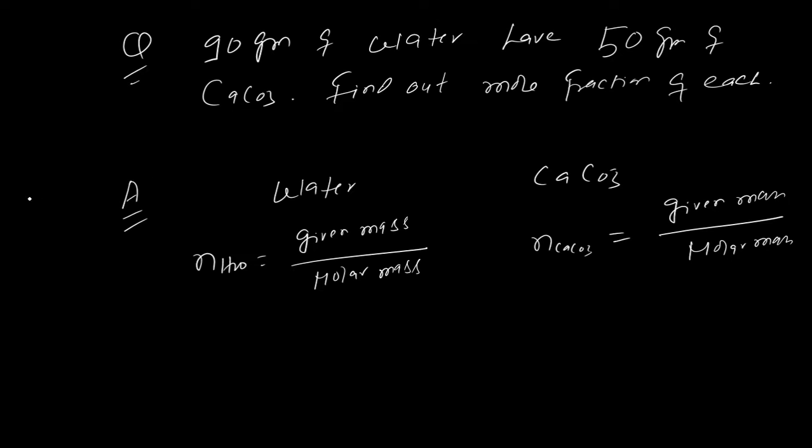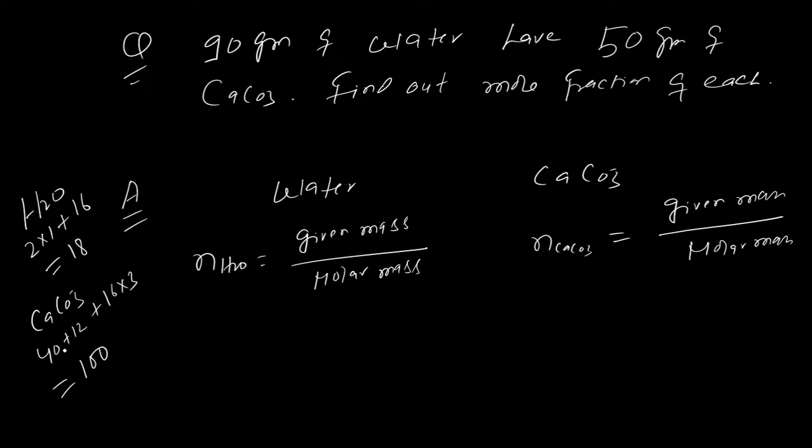For that, first you have to find out the molar mass of H2O. Hydrogen has atomic mass 1 and oxygen has atomic mass 16, so 18 is the molar mass of water. In a similar manner, for calcium carbonate, calcium has atomic mass 40, carbon 12, plus oxygen 16 into 3. When you solve it, it will come 100. So 100 is the molar mass of calcium carbonate.